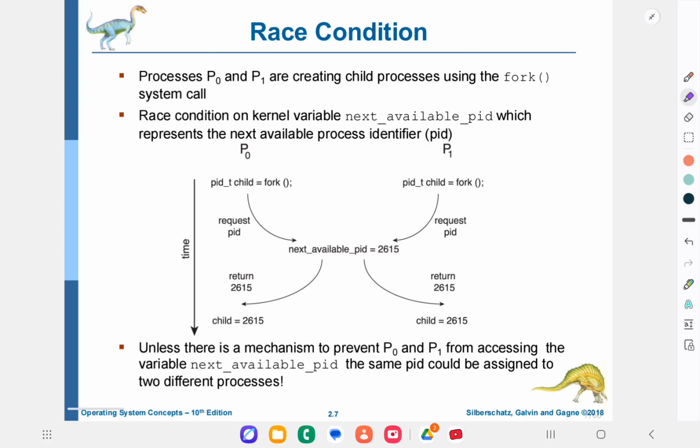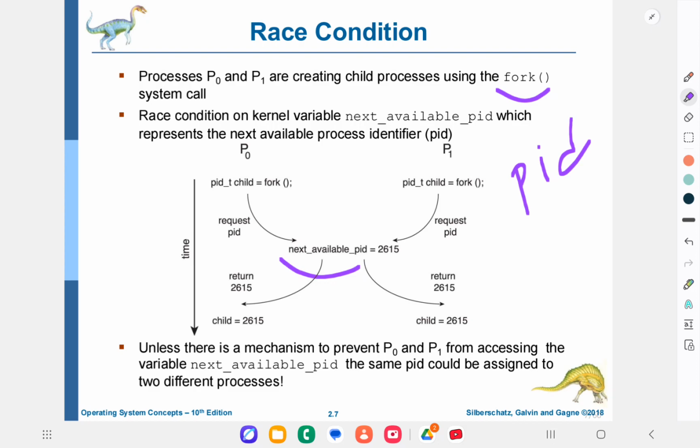And to do that, we need some synchronization tools. Another example of a race condition is the next available PID kernel variable. Remember we talked about how each process is identified by a unique PID, right? Let's say we have two processes that were just created using the fork system call.